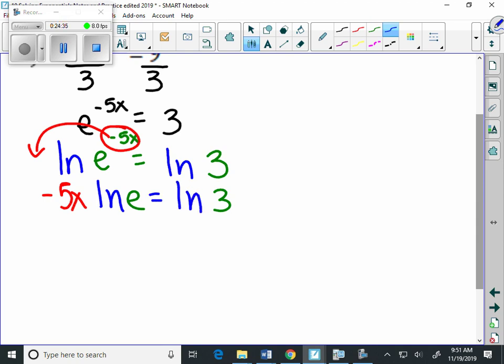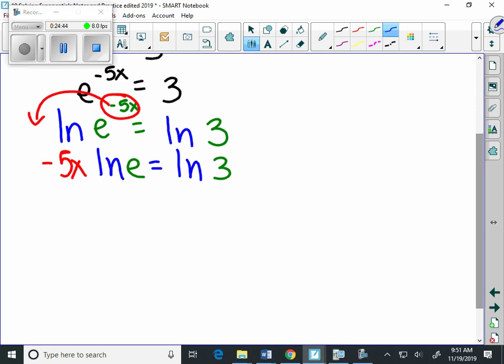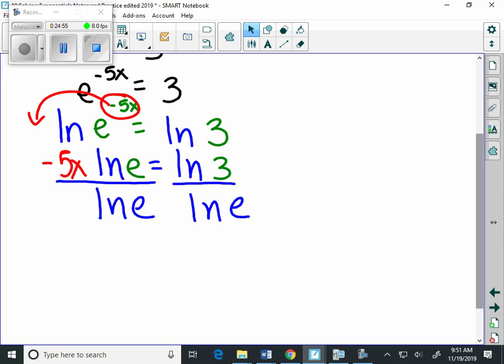And what we do, just like we did before, let's get rid of the logarithm part first. We'll save the number in our calculator. Let's divide by the natural log of e. And over here on the left side, those natural logs of e's cancel out.